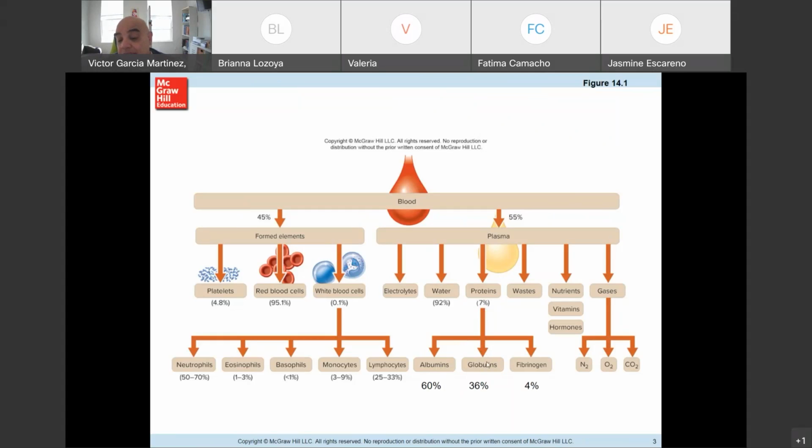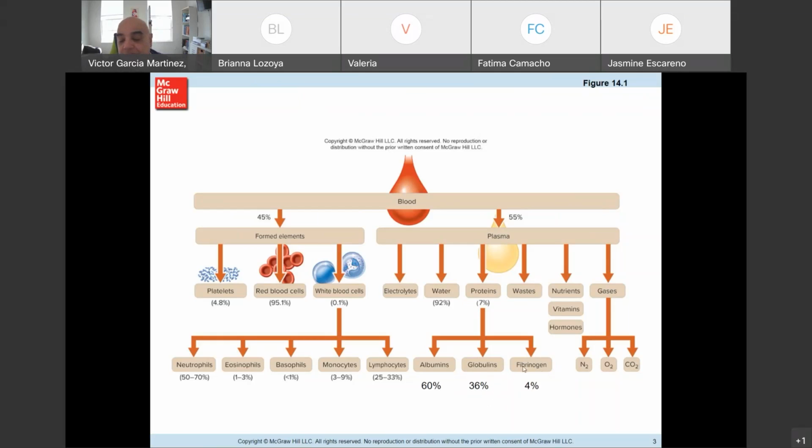Then we have globulins, which could be alpha, beta, and gamma. Alpha and beta are for transport of hormones, for example, and other substances. But the most important ones are the gamma globulins, which are antibodies. They are our defense against infections.